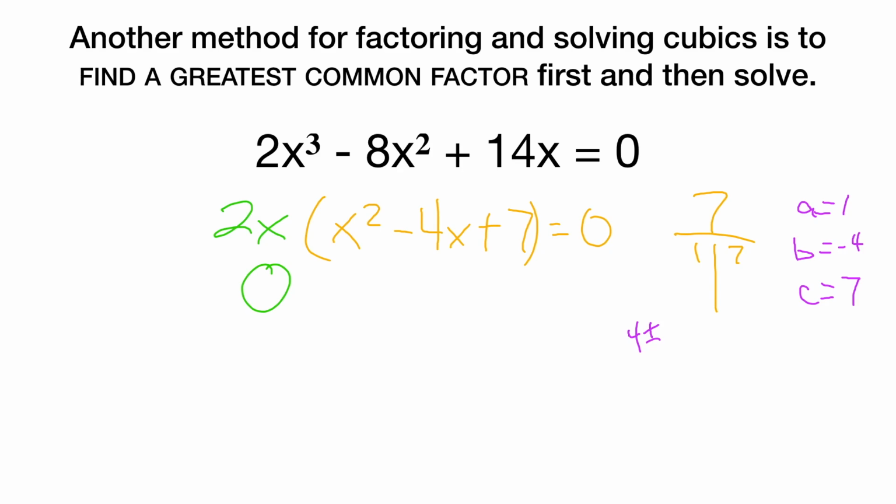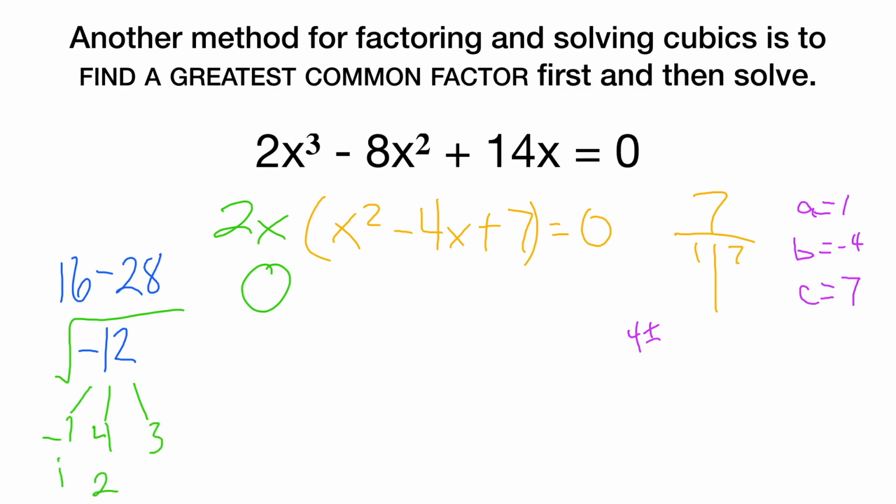Our discriminant is 16 minus 4 times 1 times 7, which is 28, so negative 12. 12 is 3 times 4, and the square root of negative 1 is i.